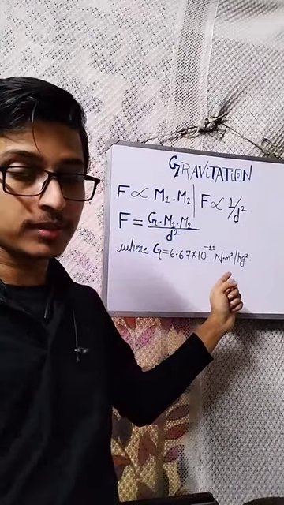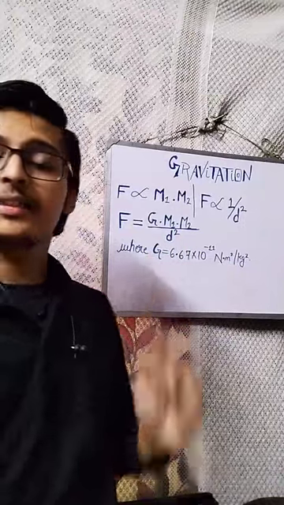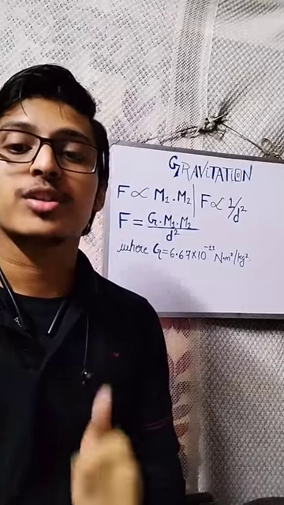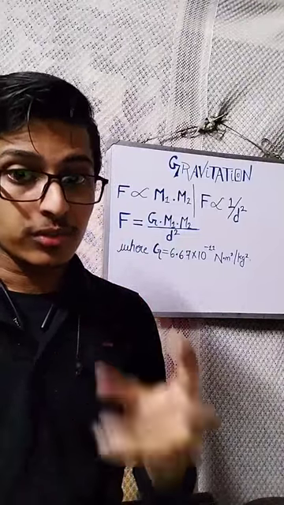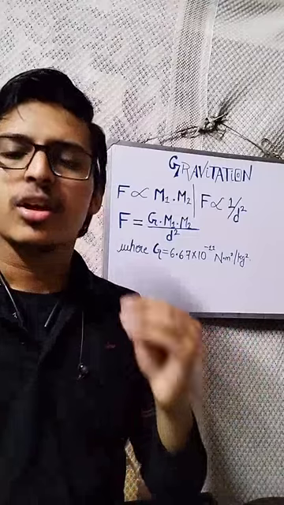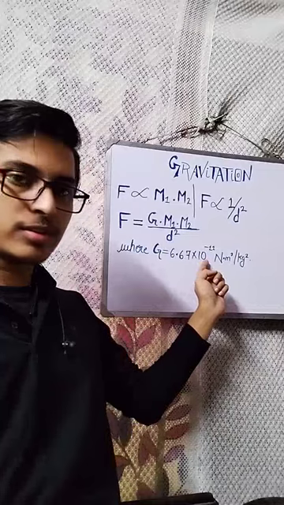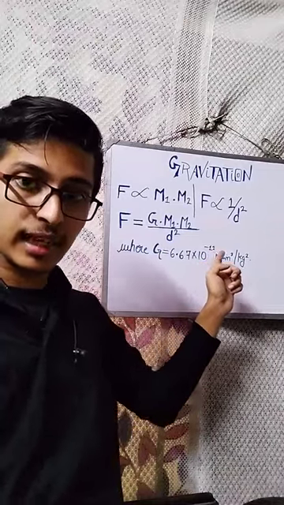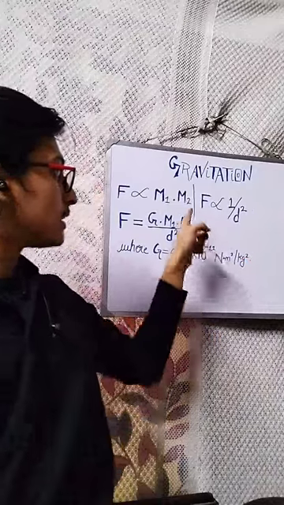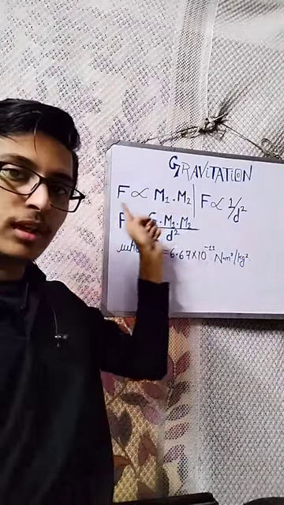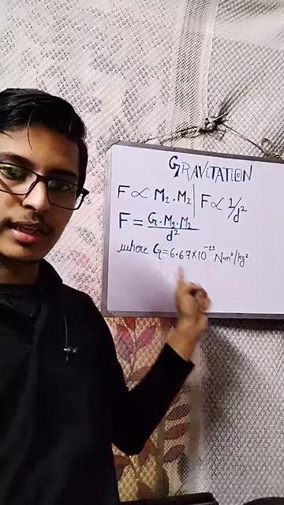Okay, you need to remember this unit. And what is it called? It is known as the universal gravitational constant. It's a universal constant. It never changes wherever you go in the universe. Okay, the value is a very small value. As you can see, it's 10 to the power minus 11, right? So this is how the formula of gravitational force looks like.